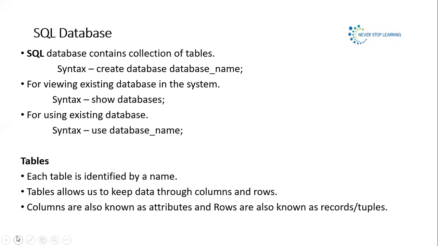Or it might be that the student's personal details you are storing in a different table, marks details in a different table, and once the student passes out, the alumni record in a different table. So a database works like a folder where you are storing a collection of tables.